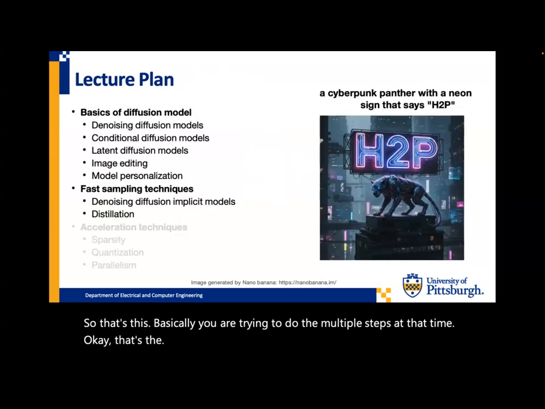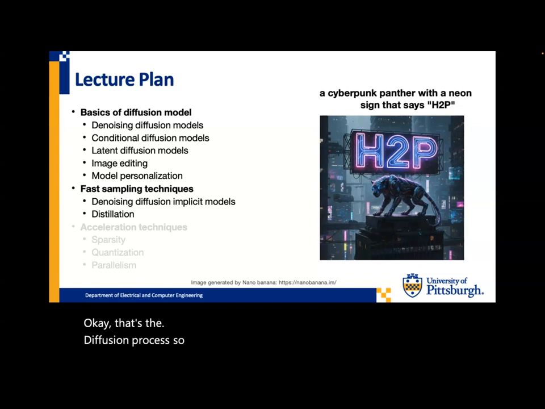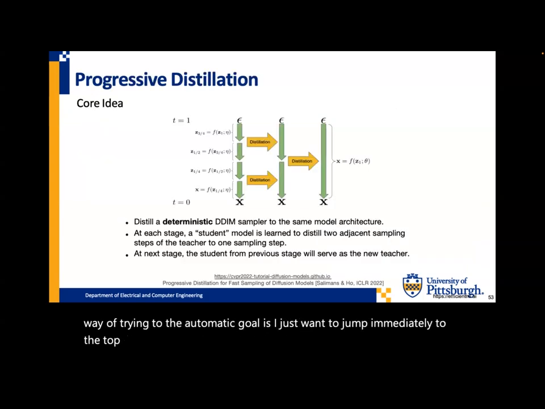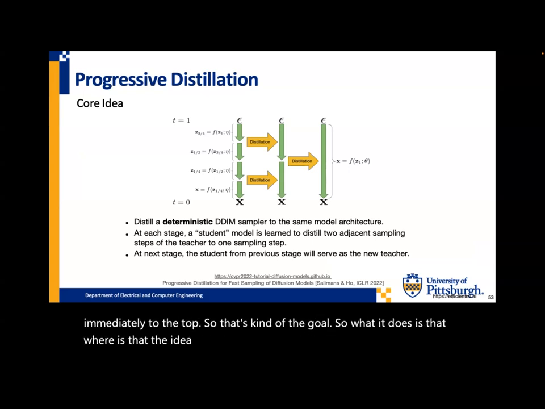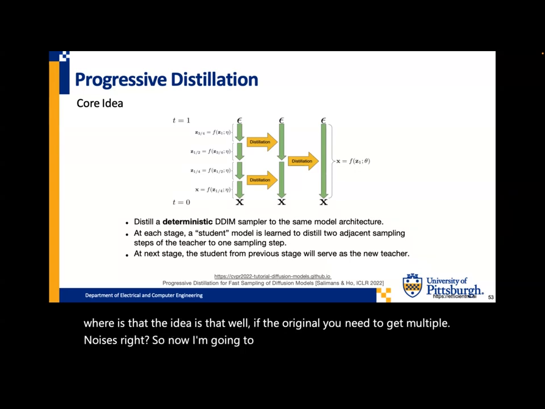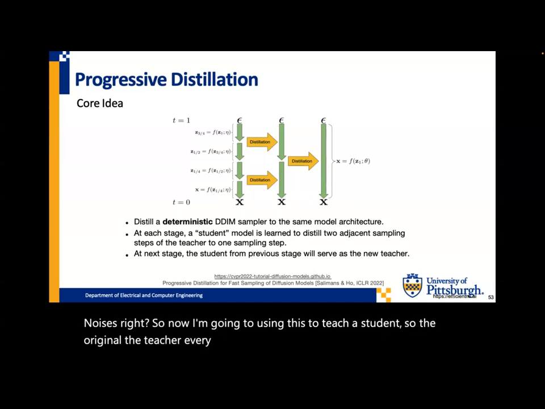That's the diffusion process. So now next, let's talk about distillation. It's another way of trying to reach the ultimate goal, which is I just want to jump immediately to the top. So the idea is that, if originally you need to get multiple noises, now I'm going to use this to teach a student. The teacher, every time, guesses one step of noise.